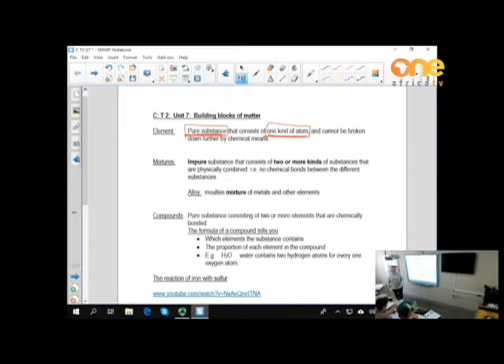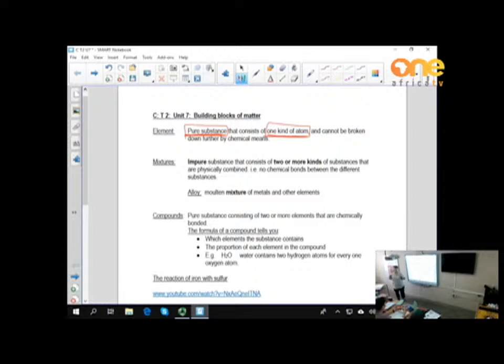Technically speaking, we can break an atom down, but then we go to subatomic particles. If I break an atom apart, I end up with protons, neutrons, and electrons.